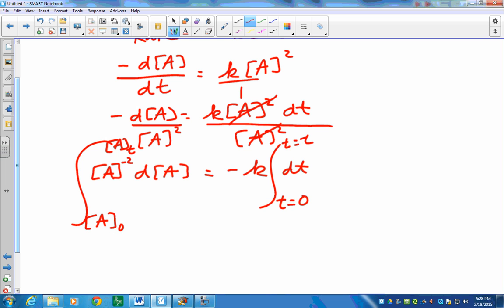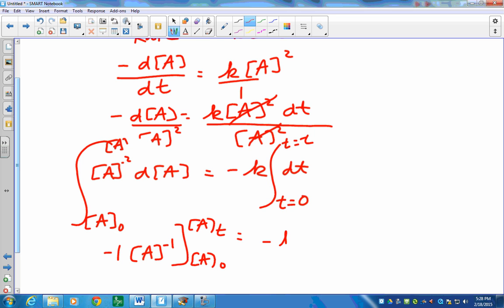And so what is the antiderivative of A to the negative 2? Well, power rule, you add 1. Negative 2 plus 1 is negative 1. So it's A to the negative 1 times negative 1. And then the lower limit of integration is this, and the upper limit is this.